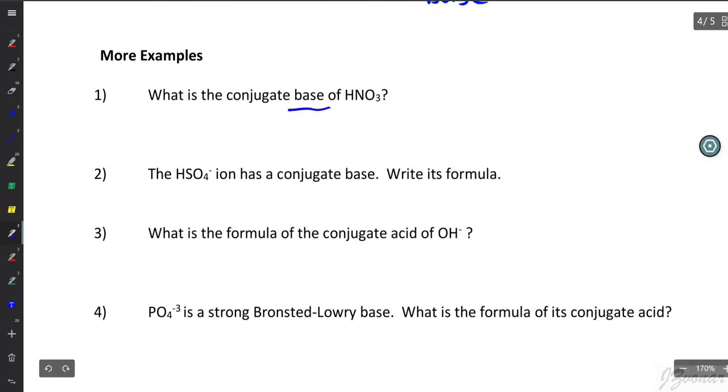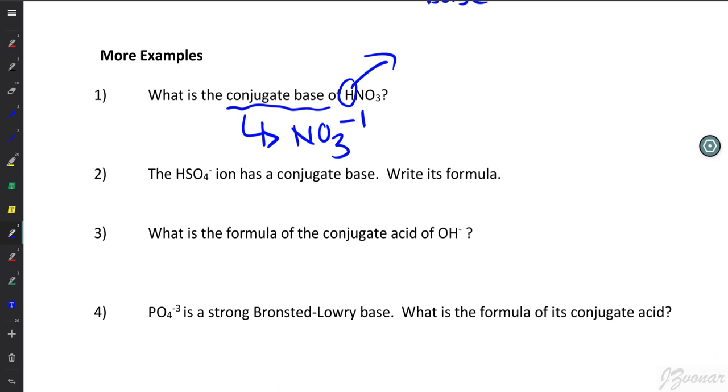So the conjugate base, if I take away the hydrogen, would be NO3 negative 1. That would represent the conjugate base. Now they tell us that HSO4 minus 1 has a conjugate base. We want to write its formula.